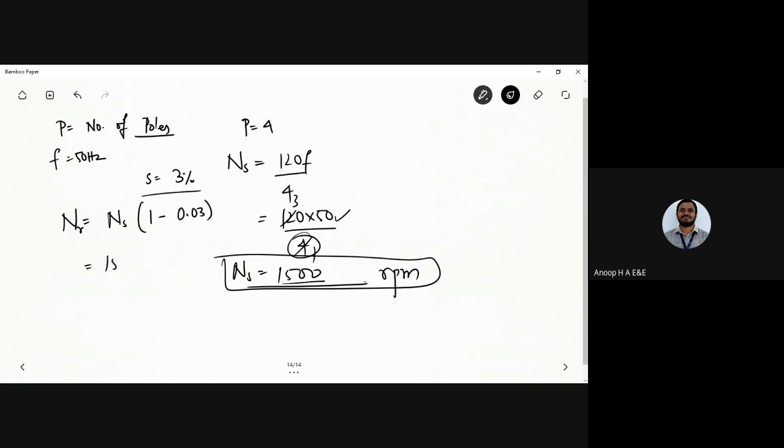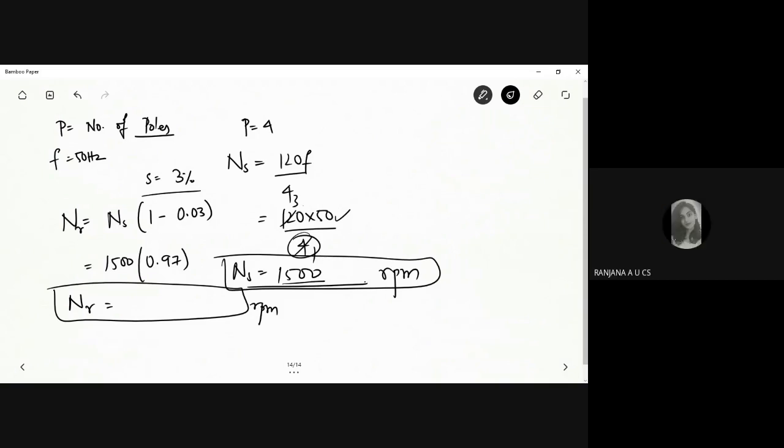What is the answer for the rotor speed? 1455 RPM. Correct.